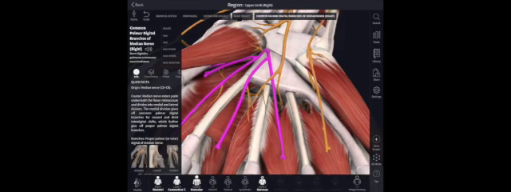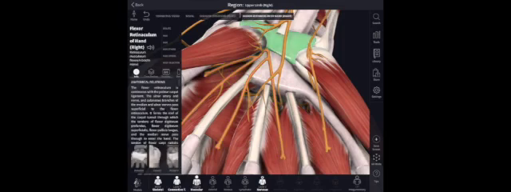The flexor retinaculum is very tight and doesn't have any property of stretching out. It's a very thick, inflexible structure. So if you have some sort of inflammation going on underneath, it will definitely compress the median nerve. That is called carpal tunnel syndrome.